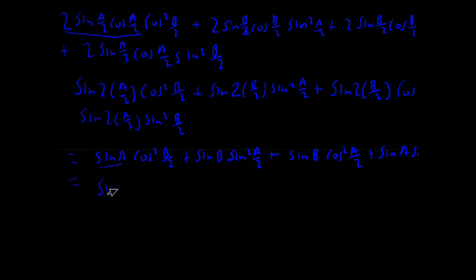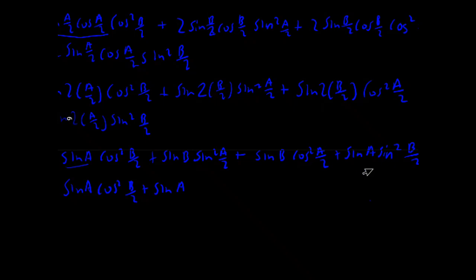So this is going to be sine A, then we're going to have cos squared B over 2, and then plus sine A. Remember, I'm just shifting it to the second position, so this is going to be sine squared B over 2.